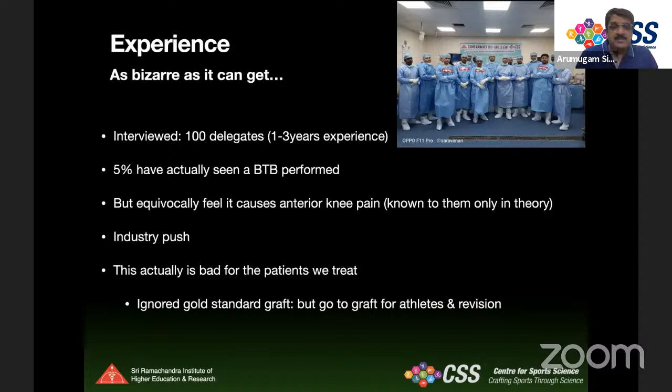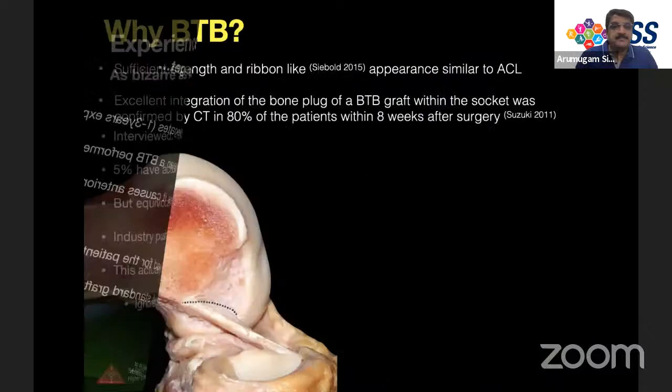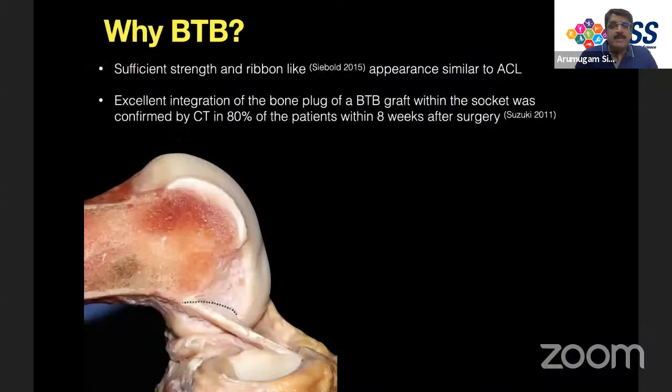So actually it's bad for the patients we treat. We ignored the gold standard graft, which is the BTB graft. But all these surgeons said they go for BTB graft when they treat high-end athletes or for revisions. So if that is the case, why don't you think of BTB graft as a primary graft at least for all your patients?